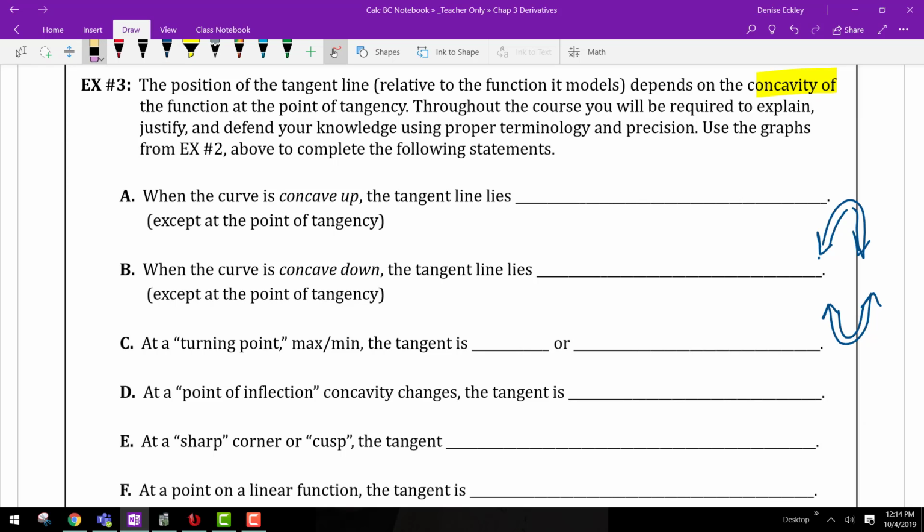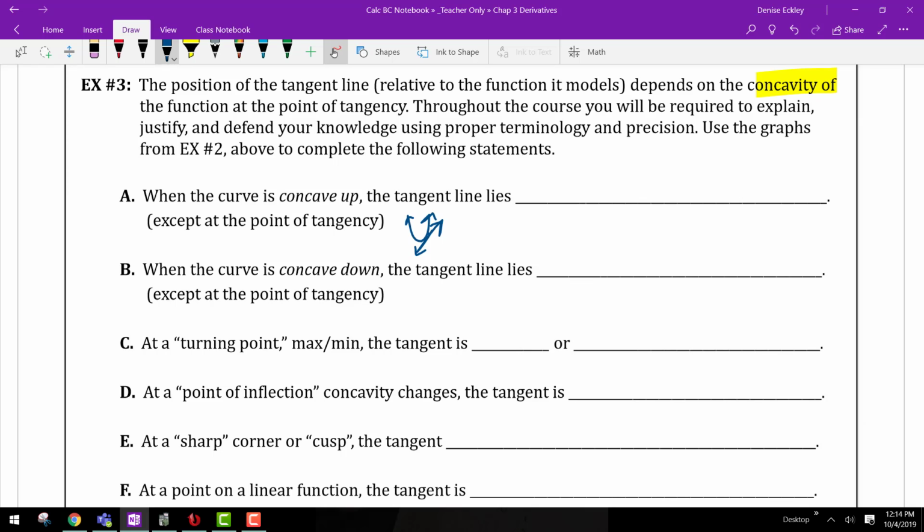Okay, so we're going to look at these graphs. All right, when the curve is concave up, the tangent line lies. So concave up would be this way. So if we use a parabola, concave up. So that parabola is concave up. And then if we put a tangent line along it like that, okay?